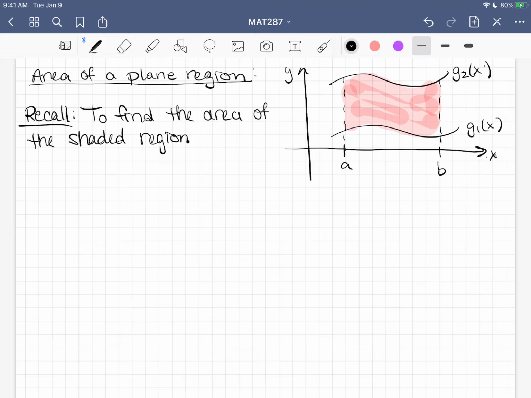we're going to evaluate an integral from A to B. Well, what integral do I want? I want to take g2 of x minus g1 of x, right? So the integral of g2 of x minus g1 of x dx.